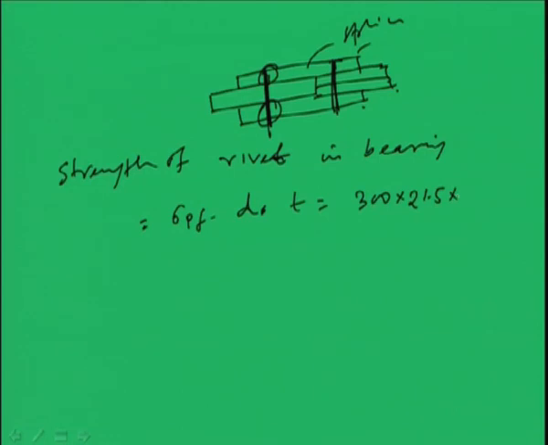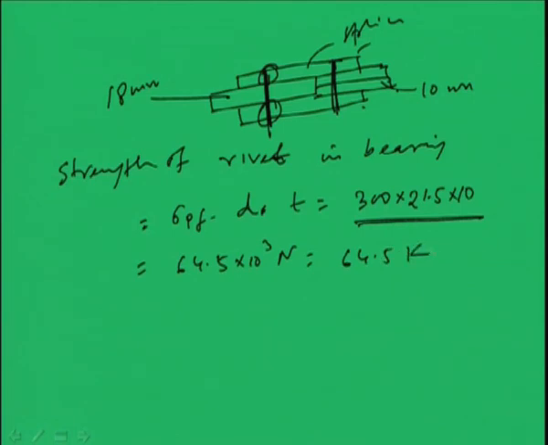One is 18 mm thickness, another is 10 mm thickness, so the lower one we will take, this is 10 mm and this is 18 mm. So, the strength of rivet in bearing, after calculating, we will get 64.5 kilonewton, right.